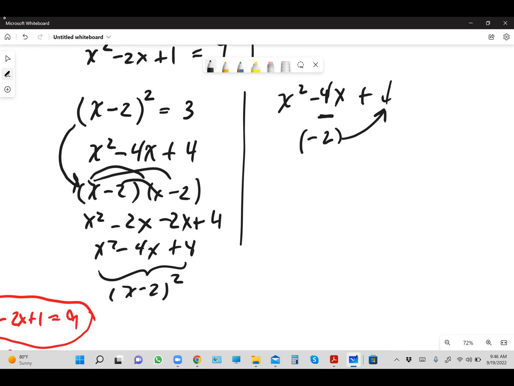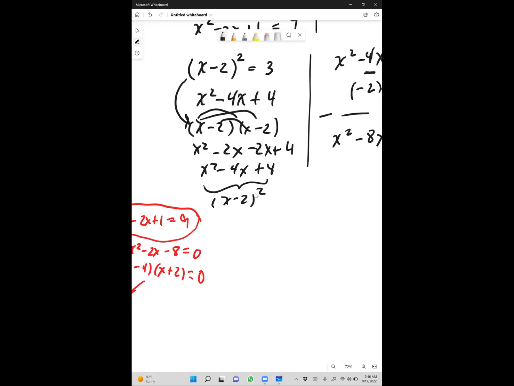So let's say I gave you the following. Obviously, this is a quadratic, but it doesn't have a constant in it. But let's say I wanted to complete the square. What's half of negative 8? Negative 4.